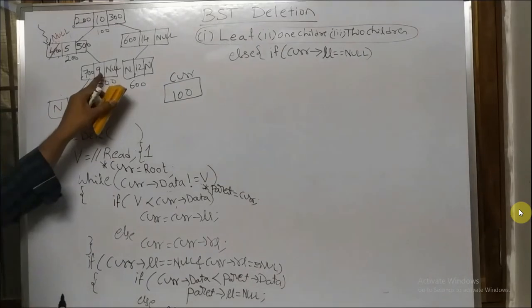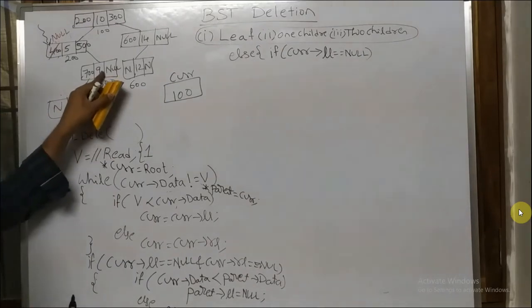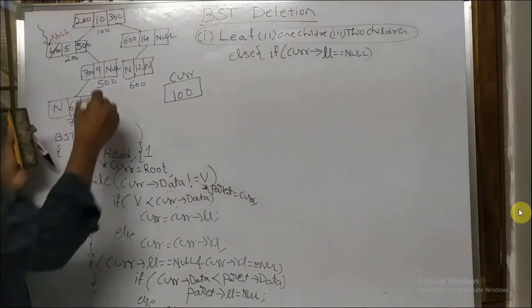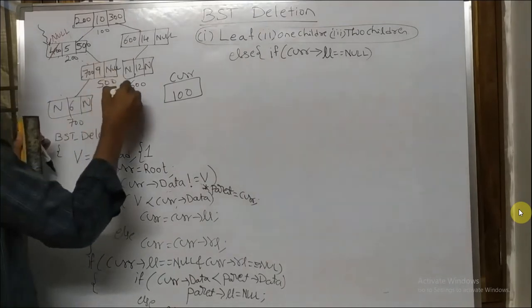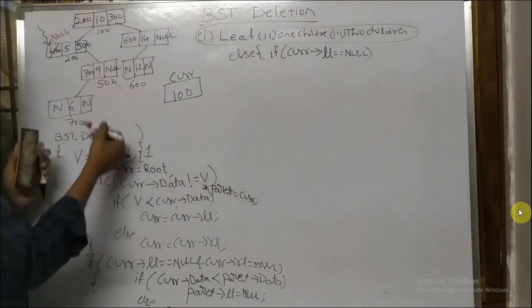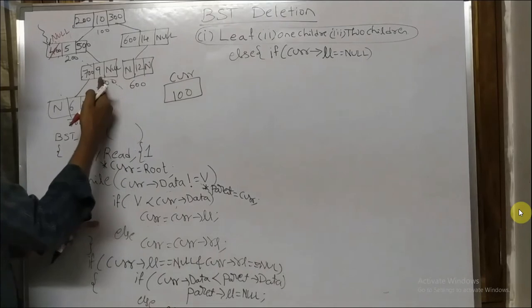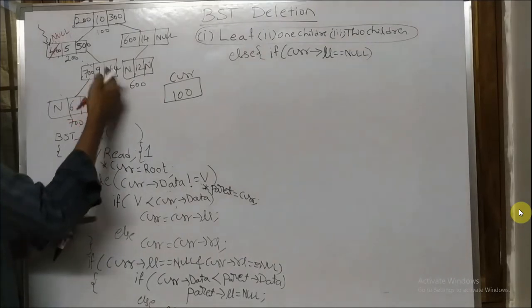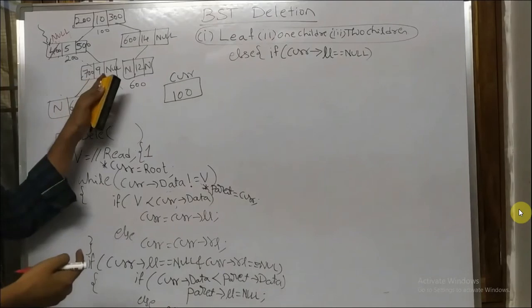I want to delete node 9, right? If I want to delete this node 9, I will traverse up to here and check whether it is null or not. Right? So obviously it is not null. Why?